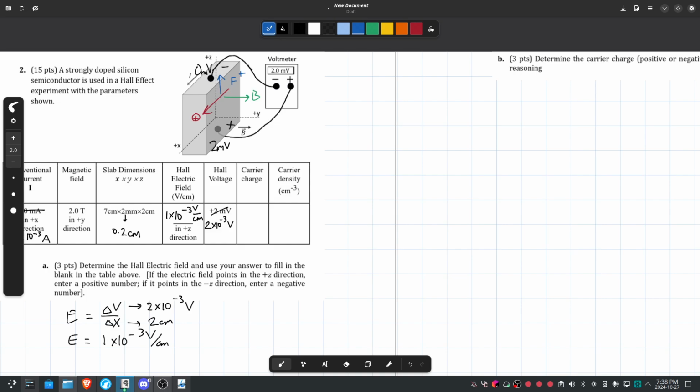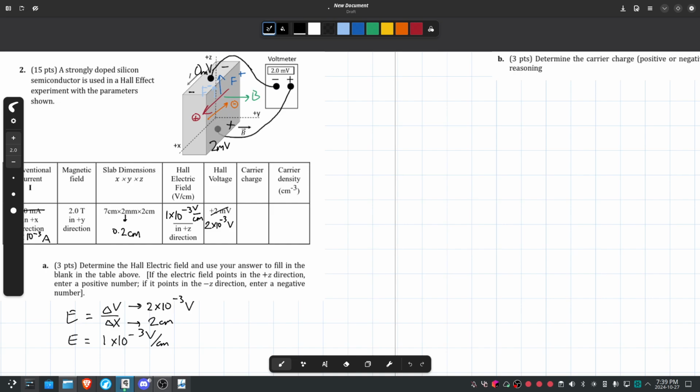And once again, you know how Hall voltage works. If you have the negative going backwards, those are also pulling up. That one's a little bit hard to see, but it doesn't really matter. You get the gist. So all of them are going upwards. And therefore, this side is where all of the charges accumulate.